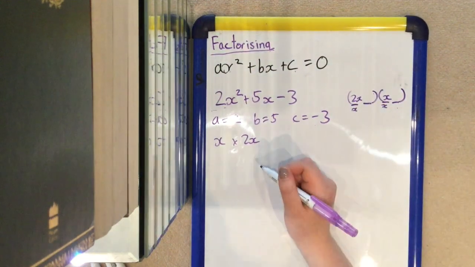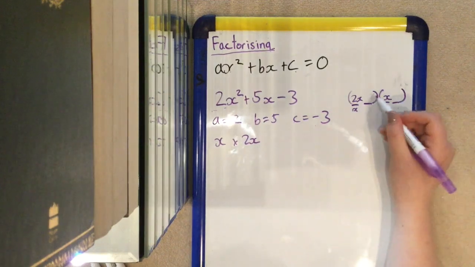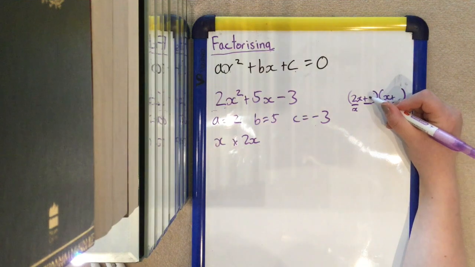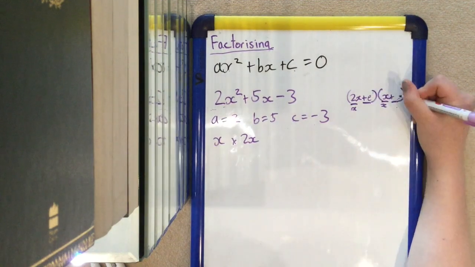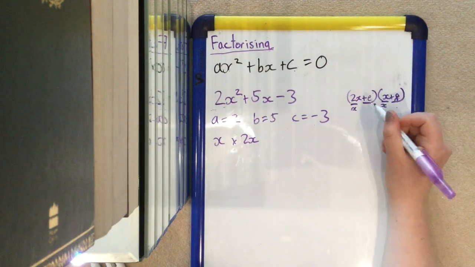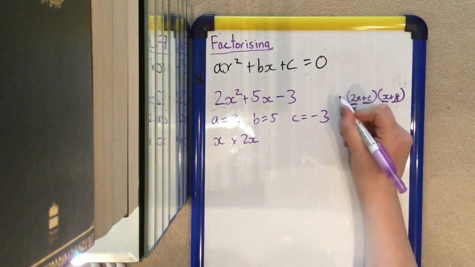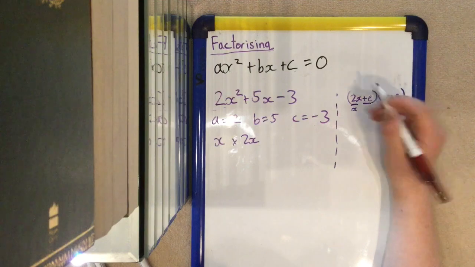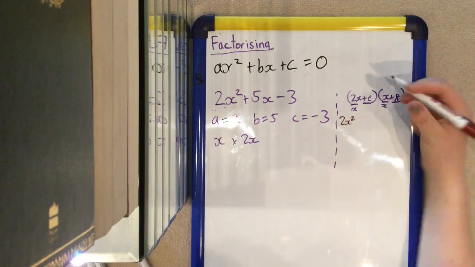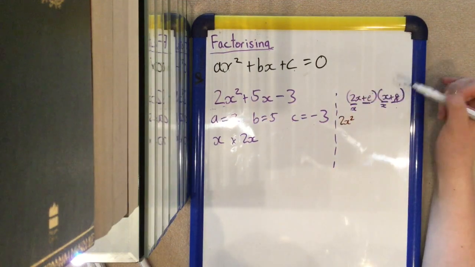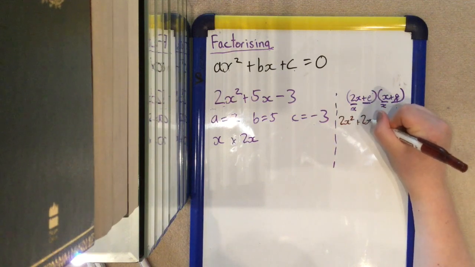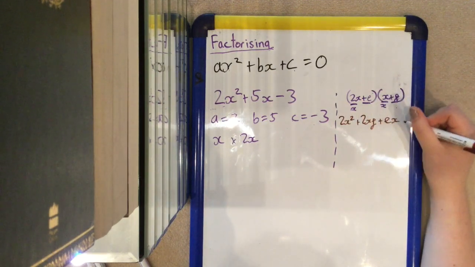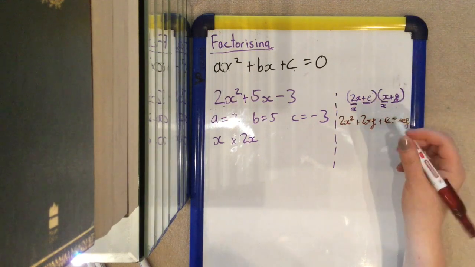Just fill those in. Now, inside these brackets is another number, so I'm going to call them e and f. If I then expand these brackets on this little side note over here, I get 2x squared, 2x times f from my outside, plus ex from my inside, plus ef for my lasts.